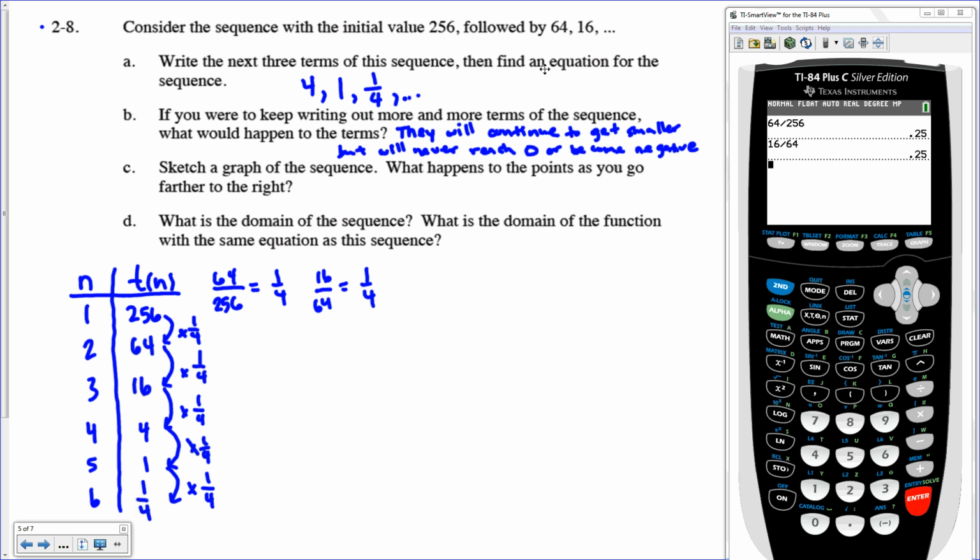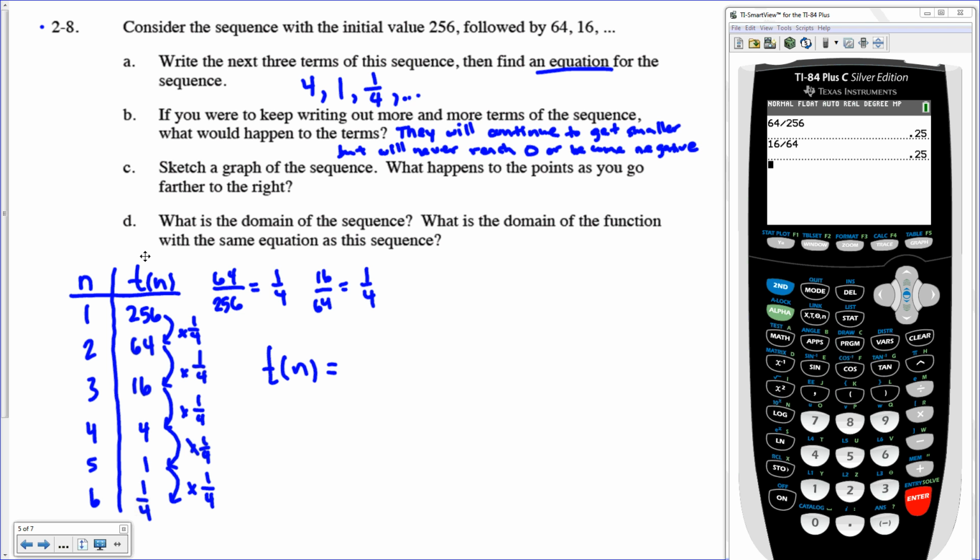Oh, and I guess I was supposed to find my equation up here, so I overlooked that. So let's go ahead and do that real quick. If we want to come up with our equation, we're going to have to look at the terms that we have. I need to come up with a function for t of n, where my output is this number.